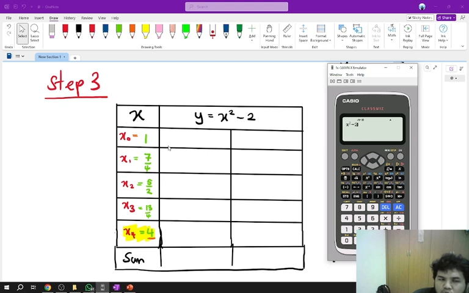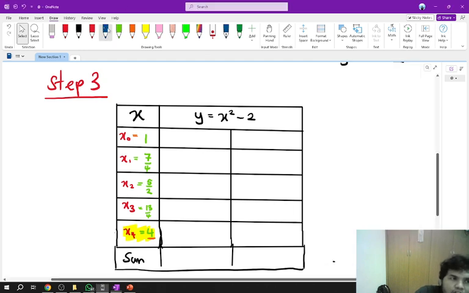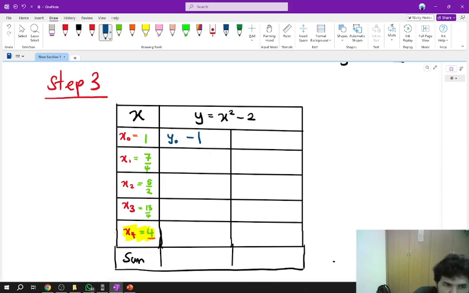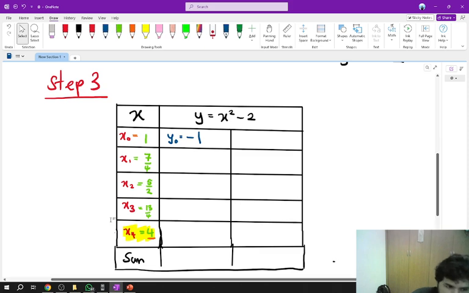Now to input the value of x, just press CALC, short for calculate. Insert our x0, 1. Equal to confirm, and equal again to get the value. So we have negative 1 for our y0. So y0 is equal to negative 1.